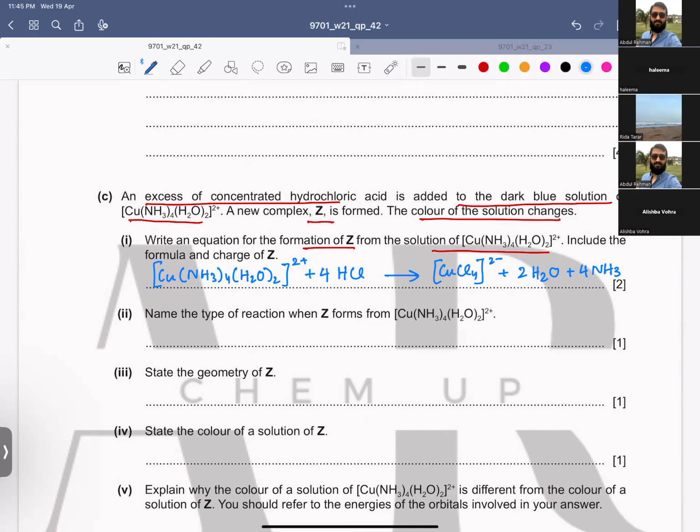So there are 4 HCl, and if we balance this over here, there must be 4 hydrogen ions, and for that I can write 4 ammonium ions. And there is another way of writing this equation. Instead of 4 HCl, you can just write 4 chloride ions. If you write 4 chloride ions, here there would be 4 ammonia molecules only. There is no need to write ammonium then. Is this clear?